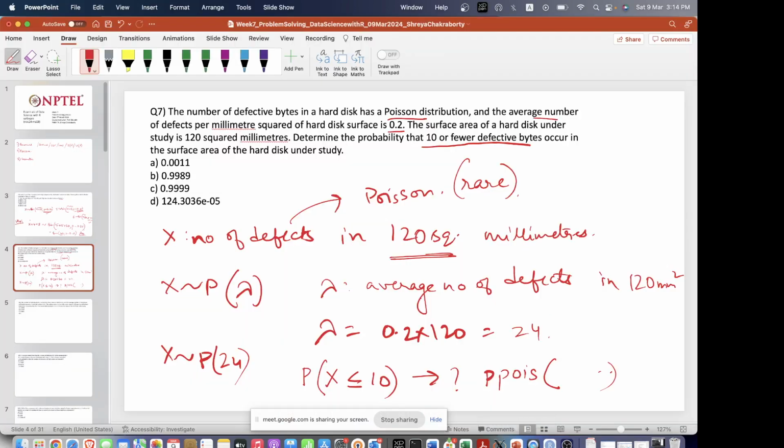Alright, okay. So we wanted probability X less than or equal to 10.